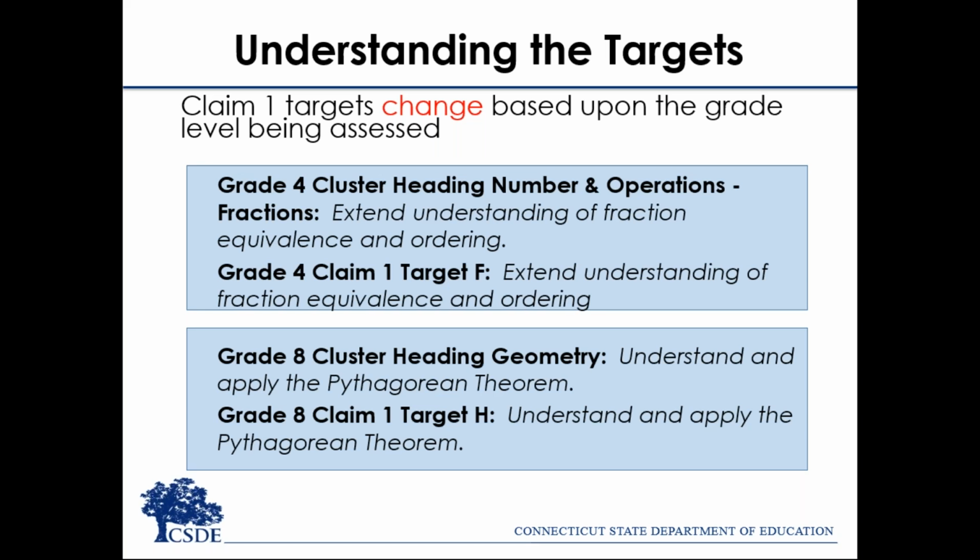That exact language is Claim 1 Target F for grade 4. This holds true in grade 8 as well. If we look under the cluster heading of geometry, there is a heading that says, understand and apply the Pythagorean theorem. If you go into the blueprints and take a look at Target H for Claim 1 in grade 8, you will see the exact same language.